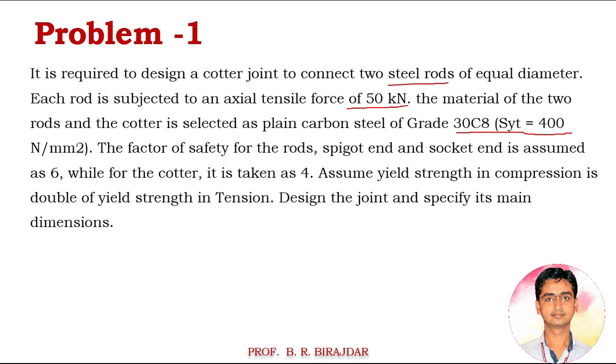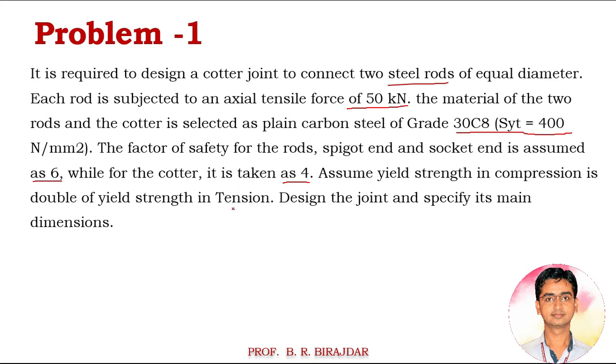The factor of safety for the rod's spigot end and the socket end is assumed as 6, while for the cotter pin which we are using, it is taken as 4. Now, assuming yield strength in compression is double that of the yield strength in tension.